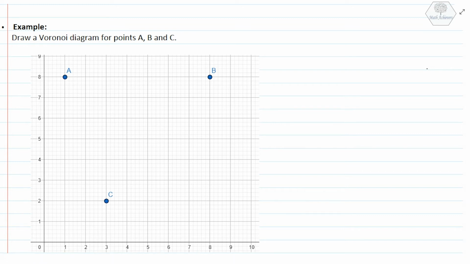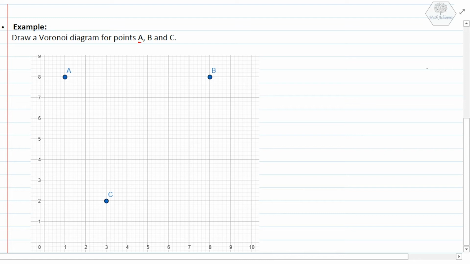In this example, we want to draw a Voronoi diagram for points A, B, and C. So now we have to segment the areas to show clearly where is the area by which all the points are closer to A, closer to B, or closer to C. How do we construct a Voronoi diagram?